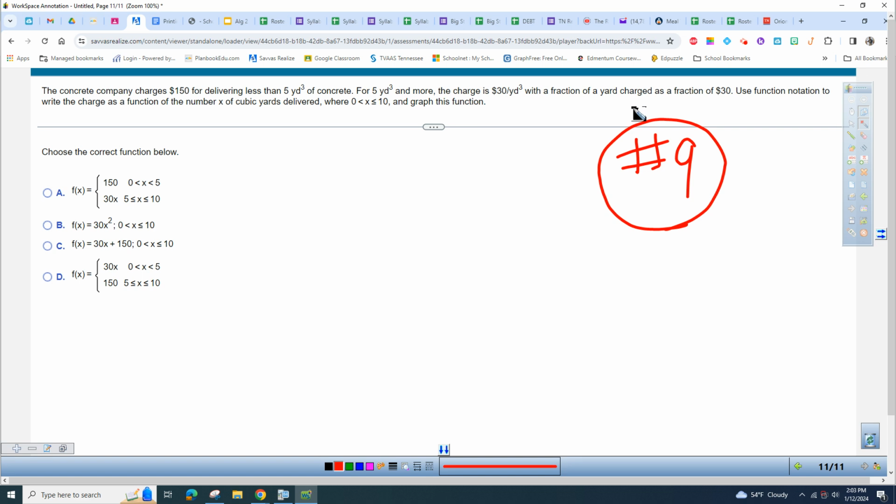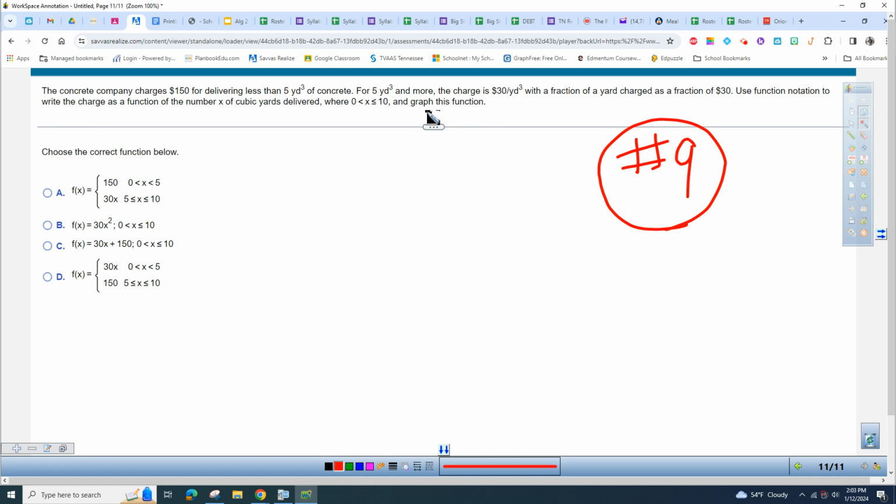So that's what that fractional of a yard is. Okay. It says use function notation to write the charge as a function of the number x in cubic yards delivered, where we're going to go from 0 to 10, graph this function.